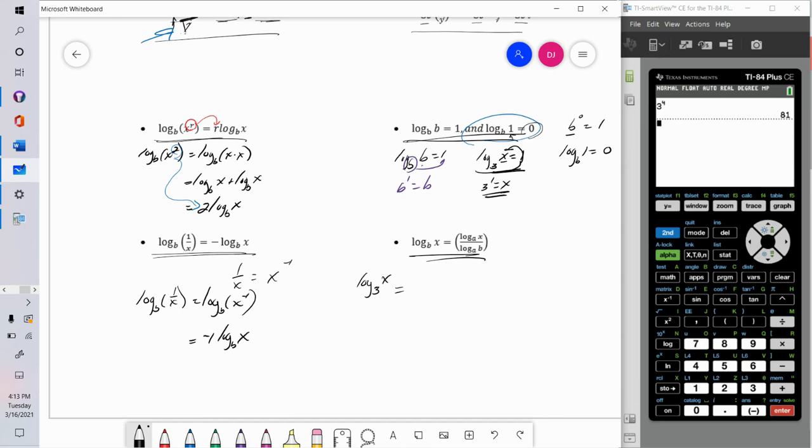In fact, what we're going to do in this class is predominantly base 10. Some of you may understand the natural log, which is base e, and you can work in that base if you would like to. But if I want to work in base 10, I can just say log base 10 of x divided by the log base 10 of 3. And we have what's called the change of base.